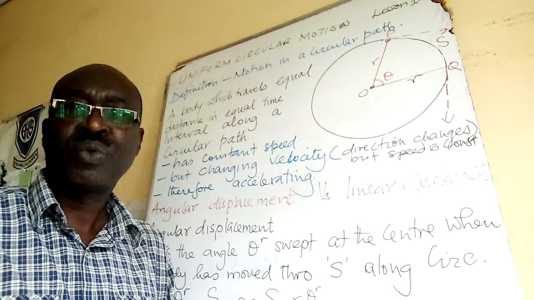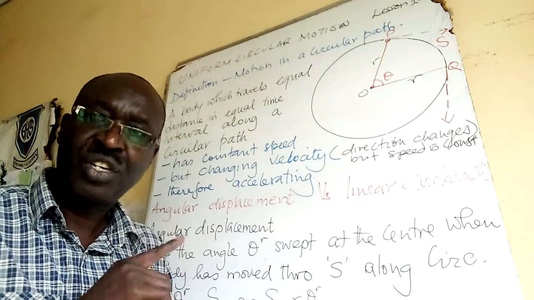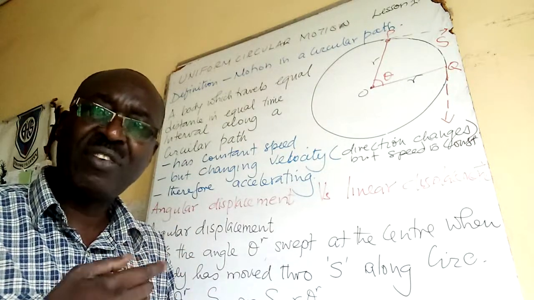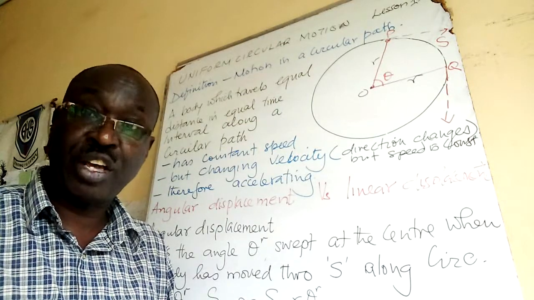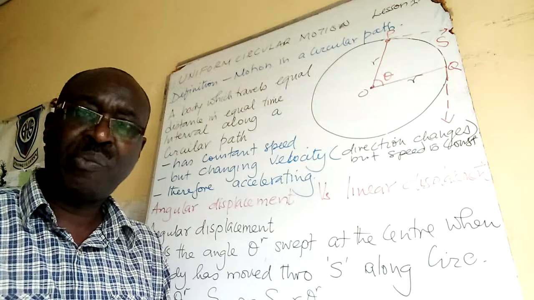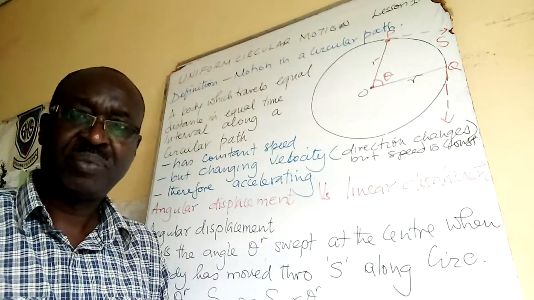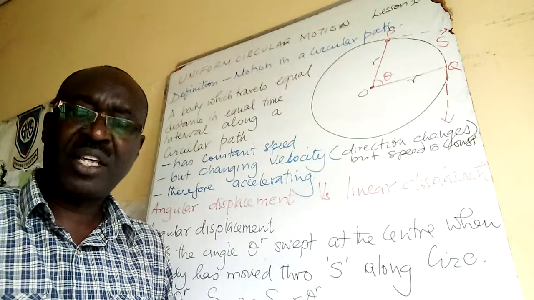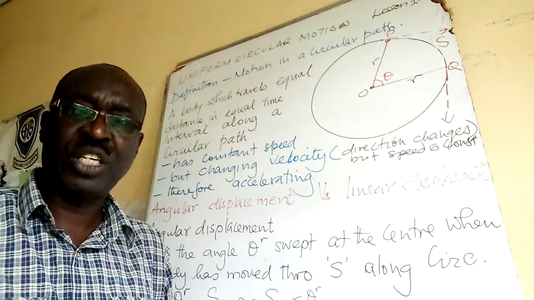Two, when a body moves along the circumference, at different points the speed is the same, but the direction is different, and therefore there is change in velocity.